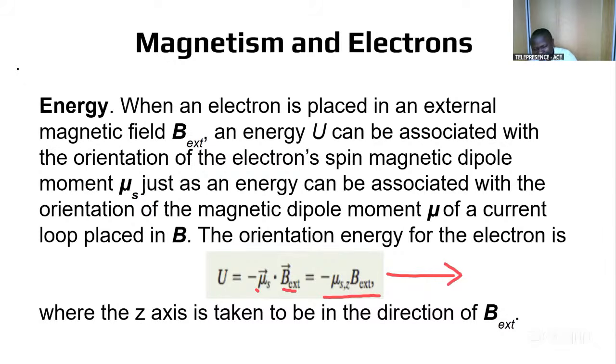So if you want to find the energy associated with the orientation of the electron spin, this is the formula that we use. And this is always along the z direction because other components cannot be measured. We can only measure the components along the z axis.